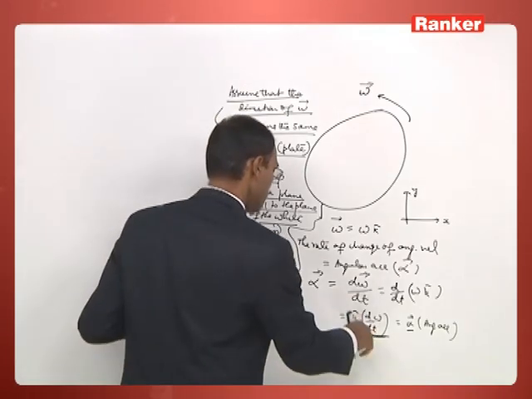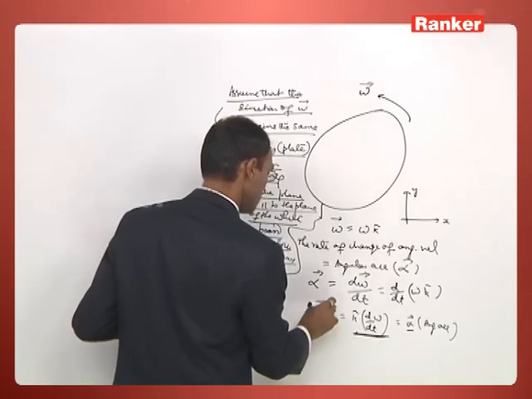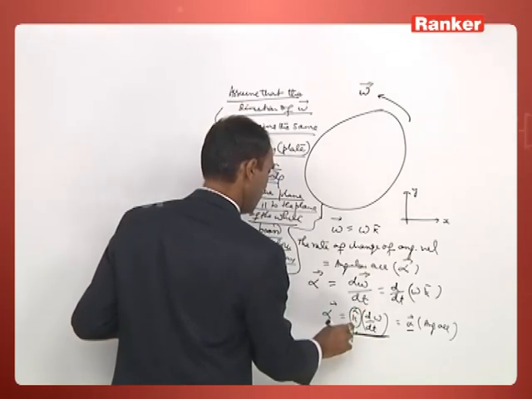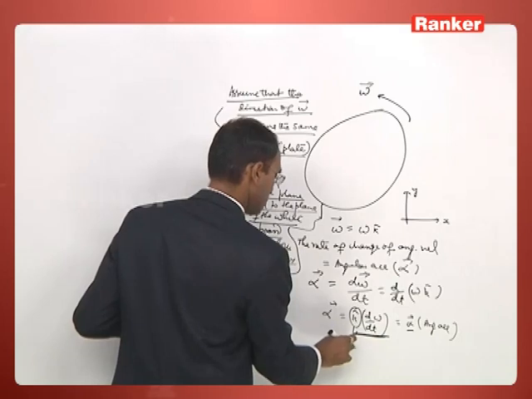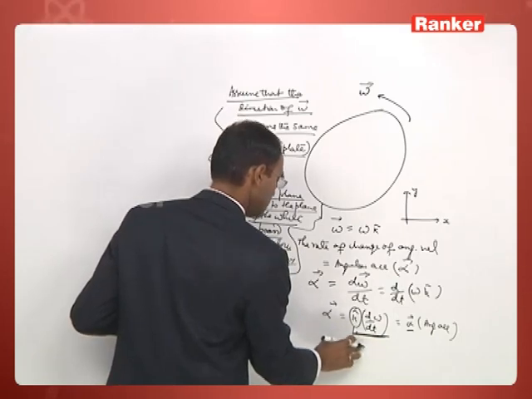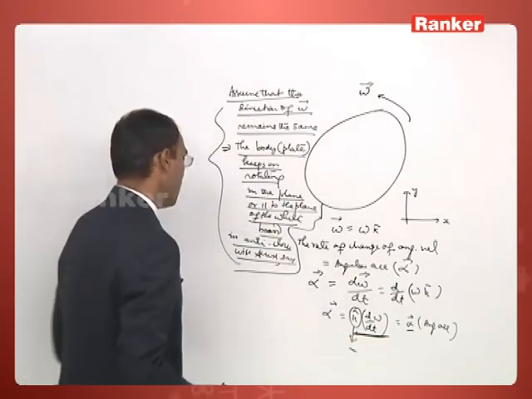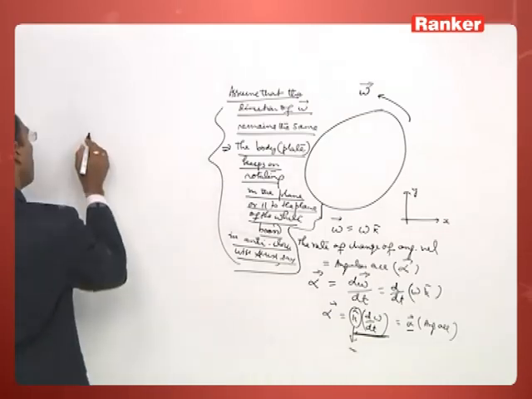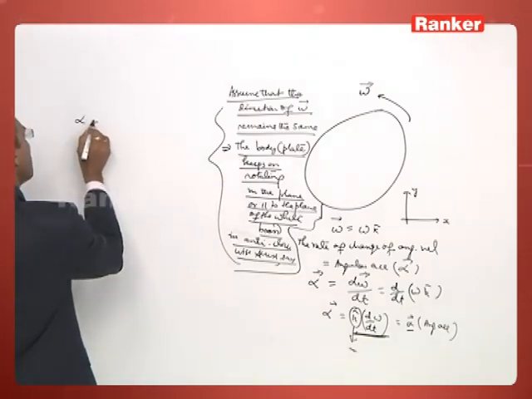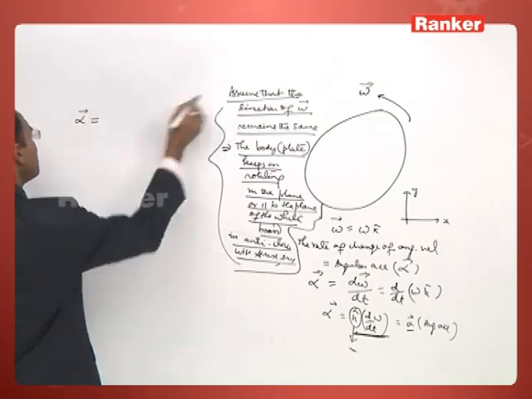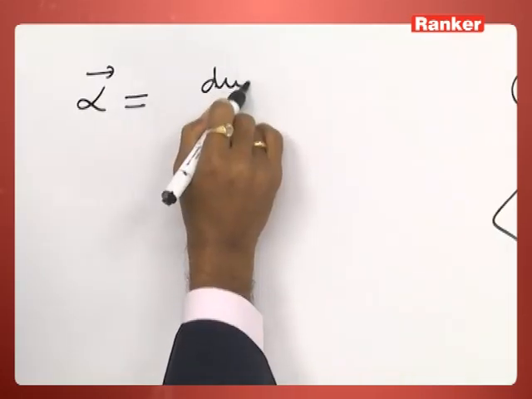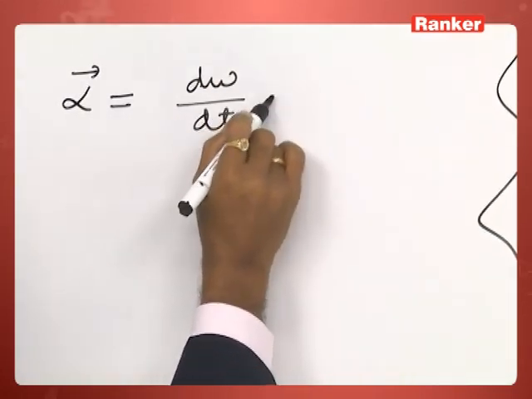So alpha will be in which direction? Alpha will be in positive z direction, but we need to expand it. Under this assumption, alpha is equal to d omega by dt k cap.